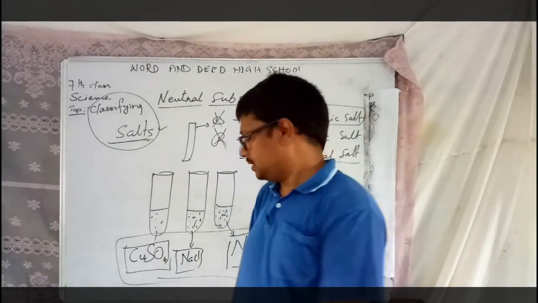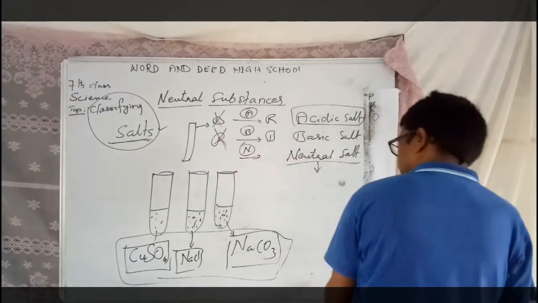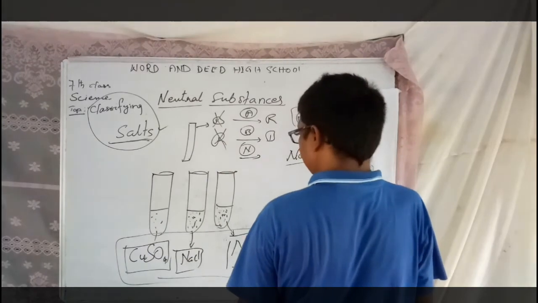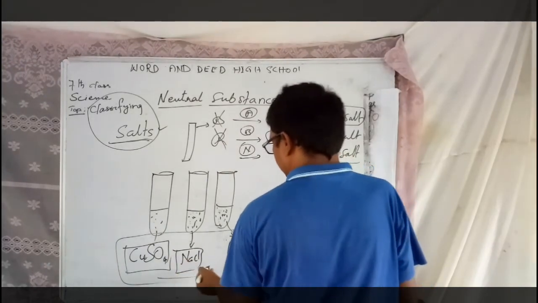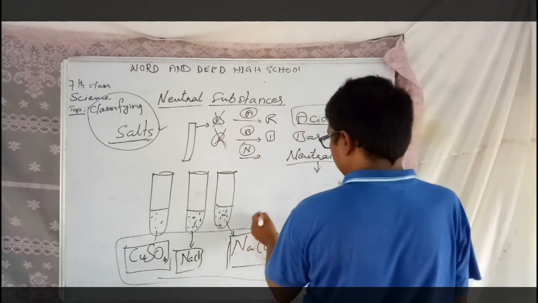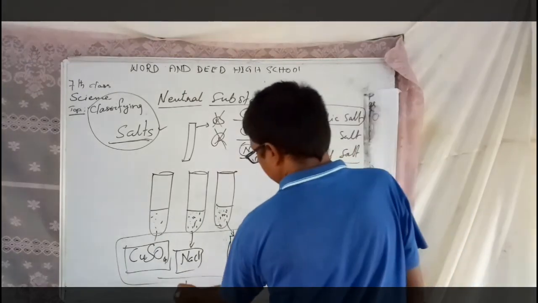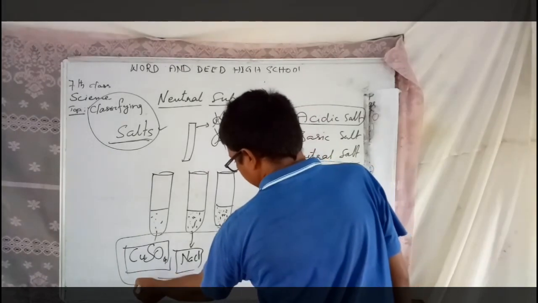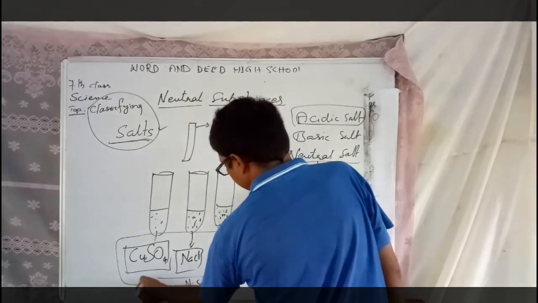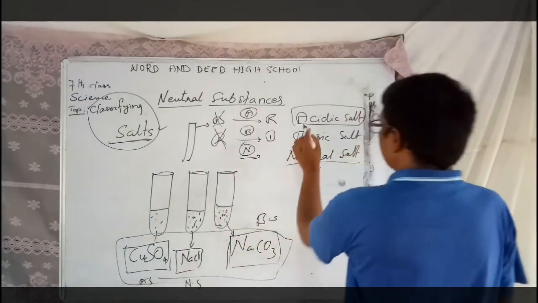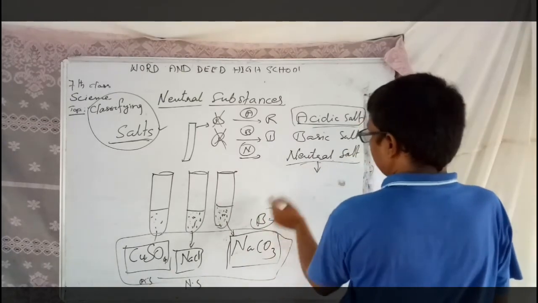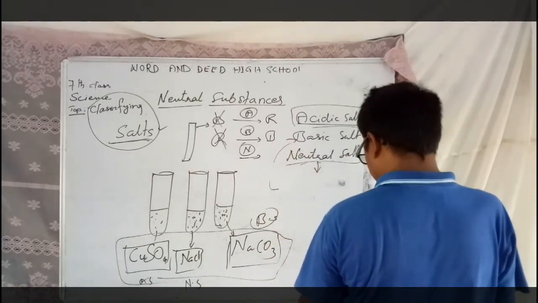Here let me give you the information. Copper sulphate is an acidic salt. Sodium chloride is a neutral salt. Sodium carbonate is a basic salt. Like this you can classify.